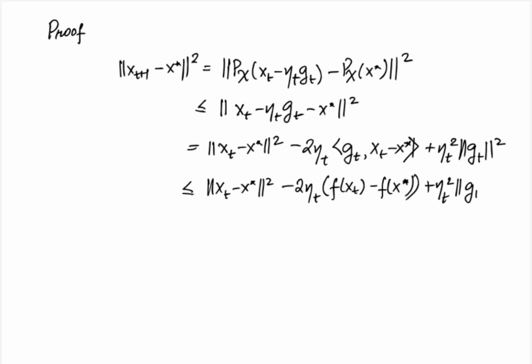Let me also write down the left hand side, which is the norm square of x t plus 1 minus x star. So this is the required one-step inequality.